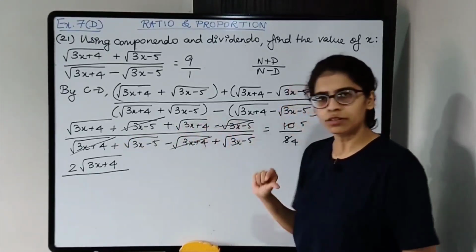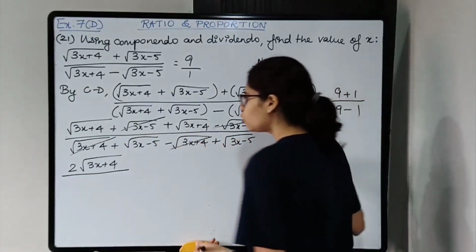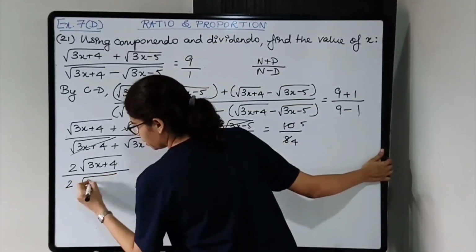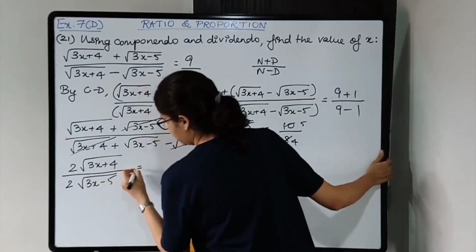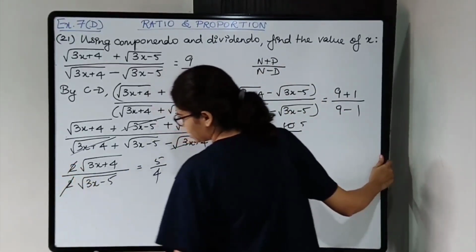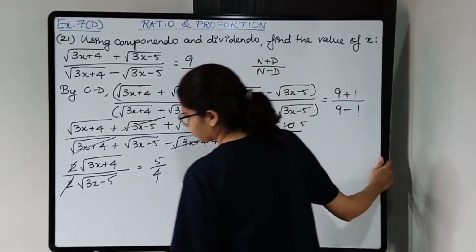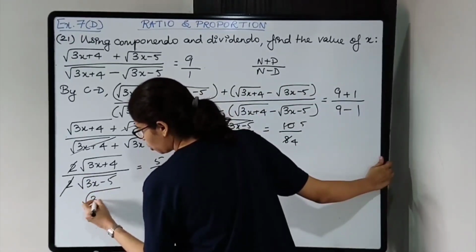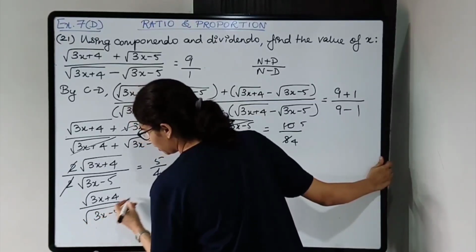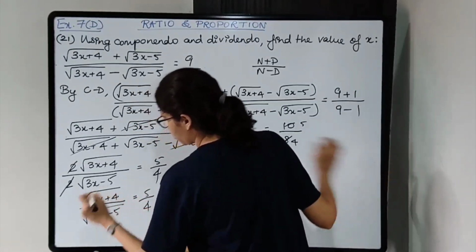Same logic over here. Same thing in denominator, root of 3x minus 5 plus root of 3x minus 5. So 2 root of 3x minus 5 and here we have 5 upon 4. 2 will cancel. Okay, so we are left with root of 3x plus 4 upon root of 3x minus 5 equal to 5 upon 4.